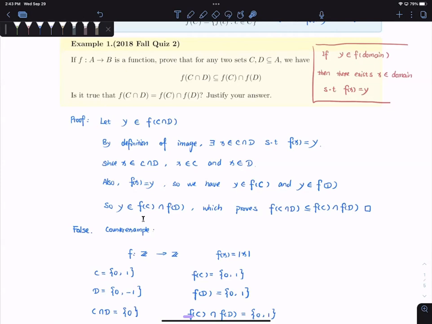So to prove that it's equal, we would have just done the right-hand side being a subset of the left-hand side. That takes more time than giving a counterexample.